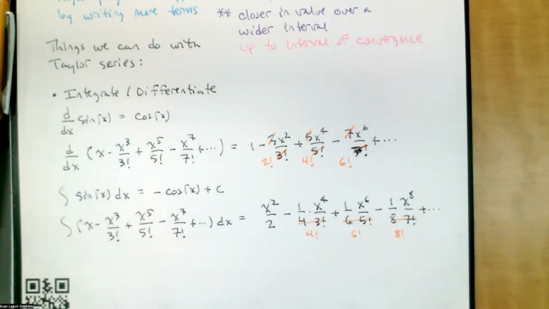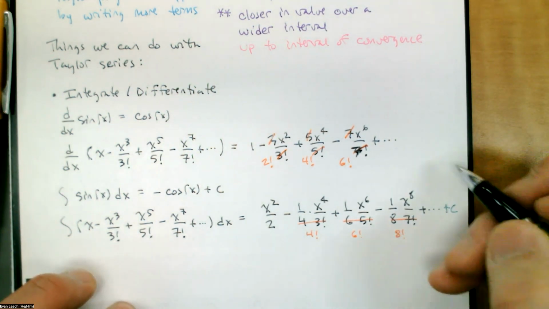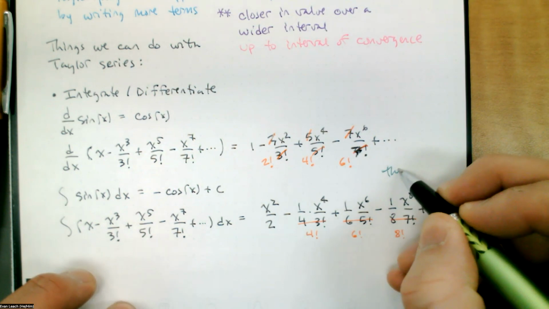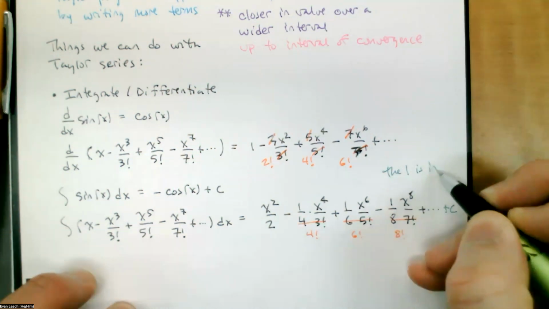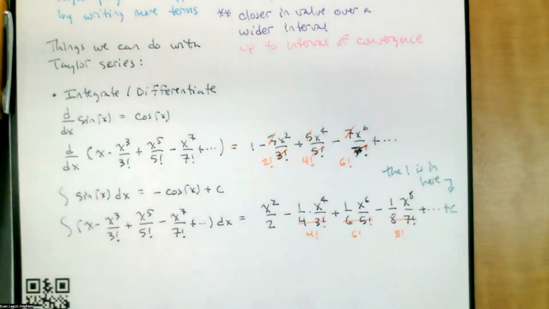We notice that we have the x squared, and we're missing the 1 that we should have in a cosine, but that's part of the constant. So in that plus c is where we'll find the plus 1.